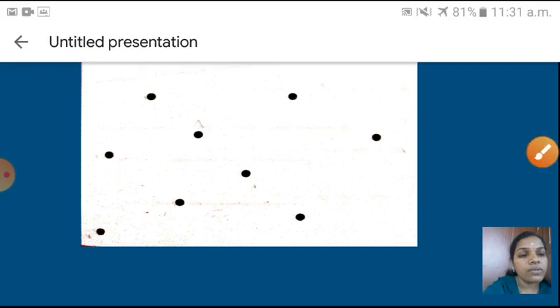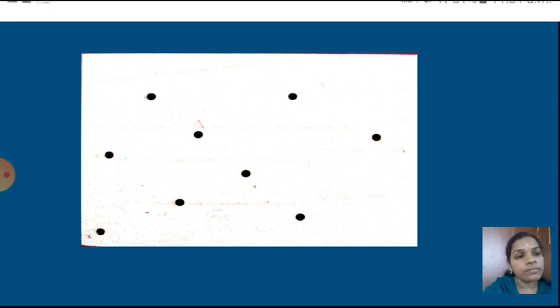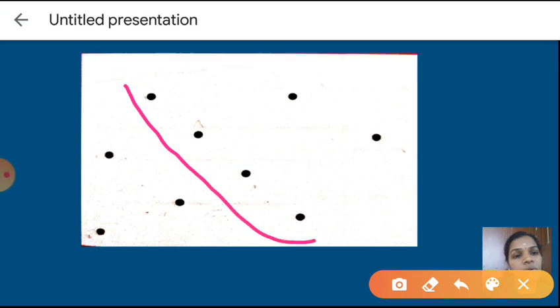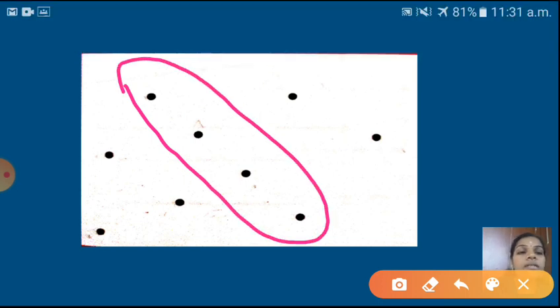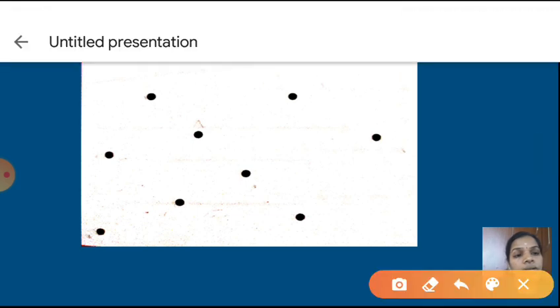The next one is, see here, what is meant by collinear points? Collinear points means, see here children, these 4 points I am selecting. Through these points I am making one line.